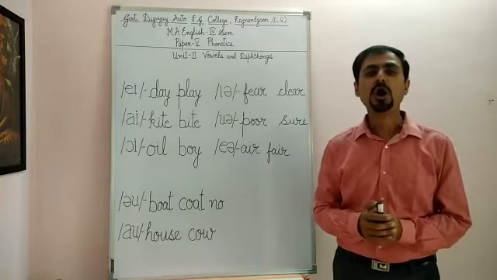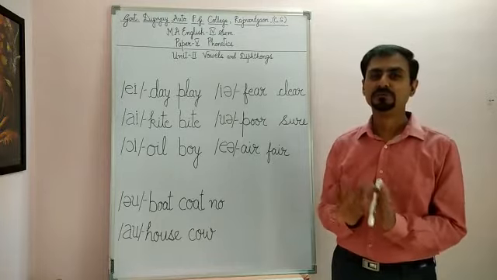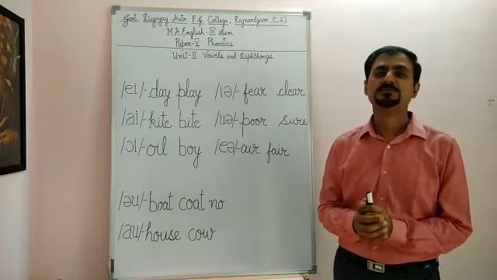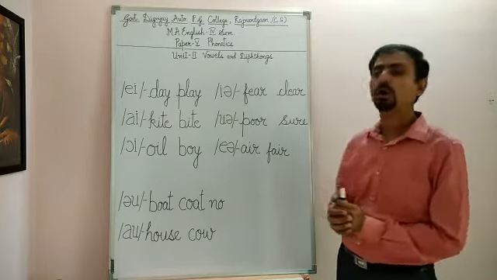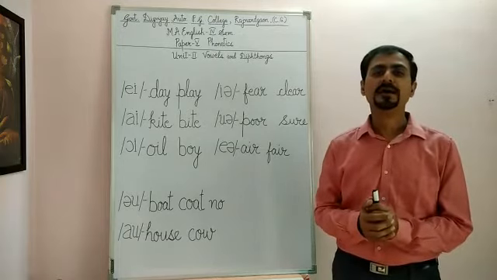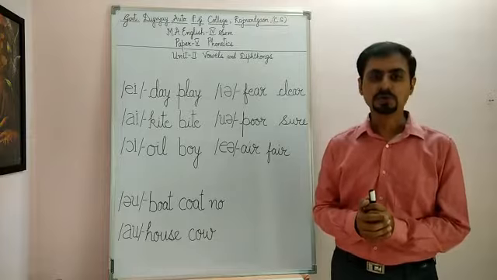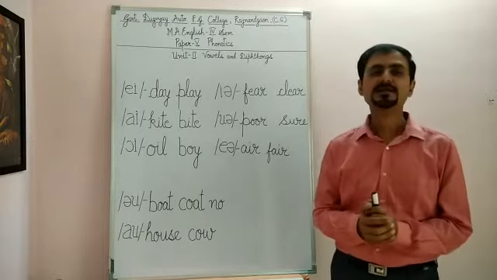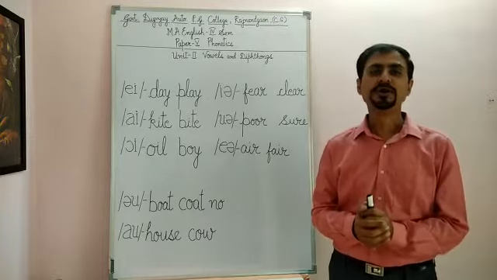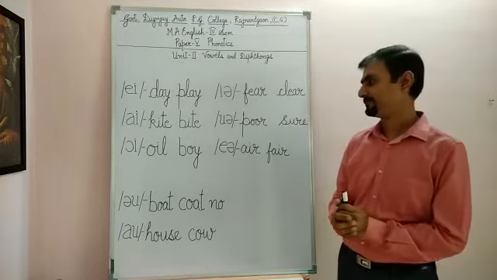Then we have O and I. The combination makes oi. Oi as in oil, oi as in boy, oi as in soil, oi as in foil, oi as in coil.